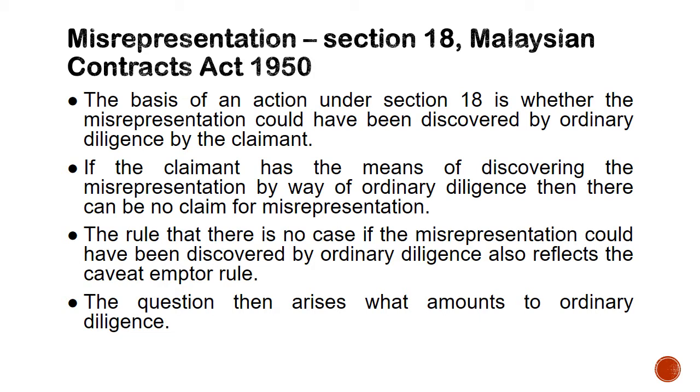Now, the basis of the action under Section 18 is whether the misrepresentation could be discovered by ordinary diligence. Ordinary diligence is another reflection of the caveat emptor rule. So basically the buyer has to take reasonable steps to make sure what the seller is saying is true or false.